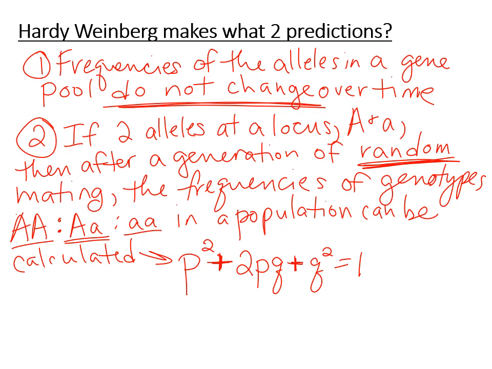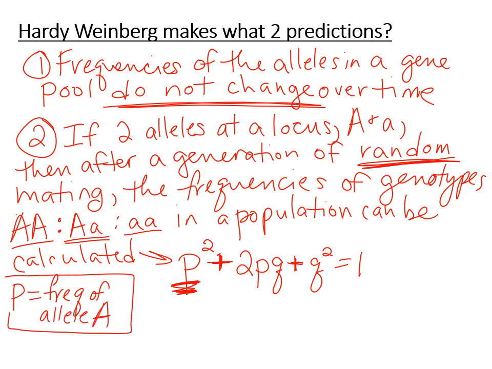The first thing you have to realize is that when you see the letter P in this equation, that letter P is representing the frequency of the dominant allele. So in this case, we can say P is the frequency of allele capital A.